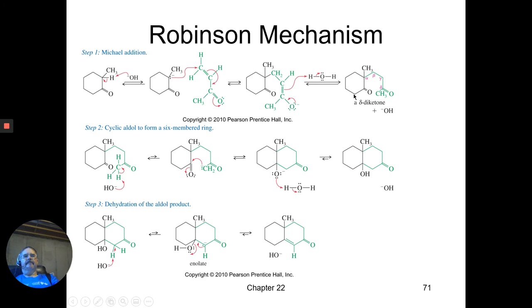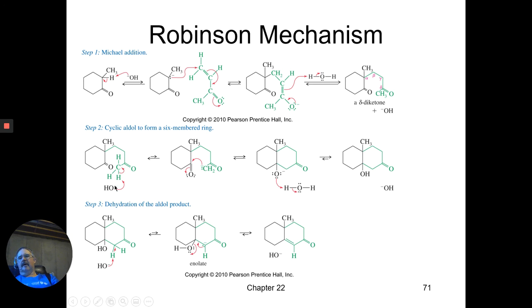We have alpha hydrogens here, we've got alpha hydrogens on the methyl, and we have alpha hydrogens here. But remember, 5 and 6 membered rings are favored. So if we form the cyclic compound here, we would just have a 4-membered ring. So that's not thermodynamically favored.